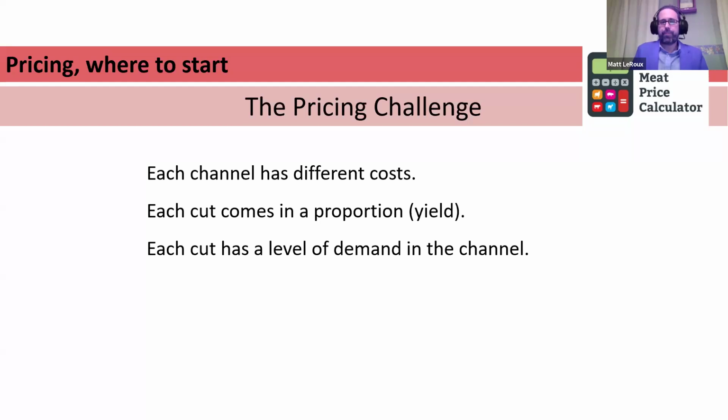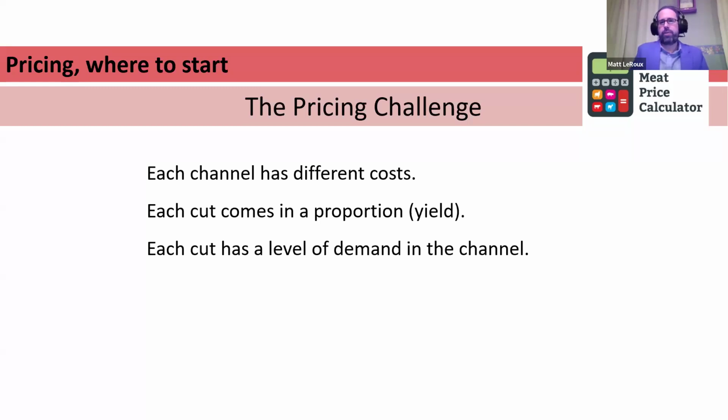For example, if you're selling at a farmer's market and to a restaurant, the restaurant customer, the chef is going to have certain demand for certain cuts that you may see a different kind of demand for those cuts at the farmer's market and vice versa. So the level of demand for each cut varies from channel to channel, and the proportion on the carcass is a consideration, a different cost.